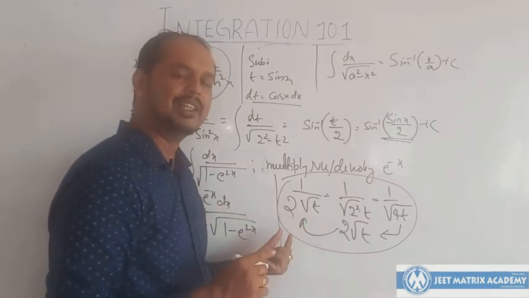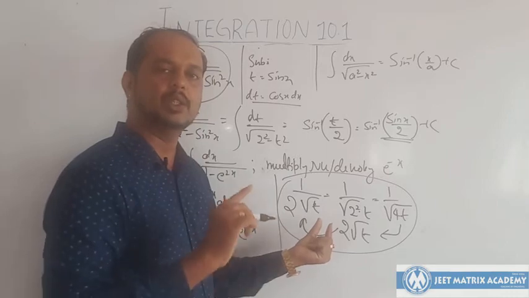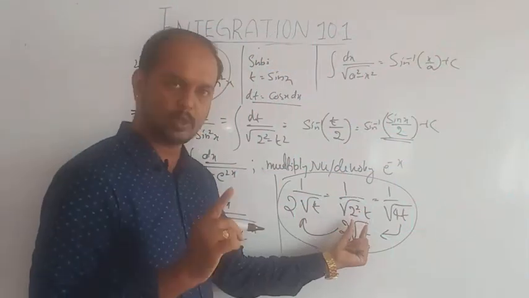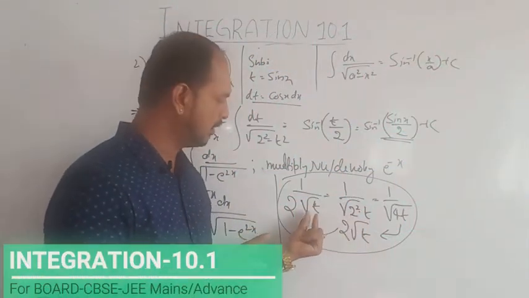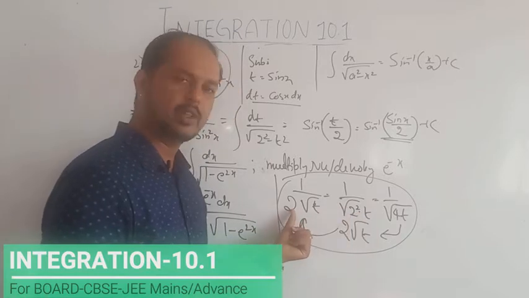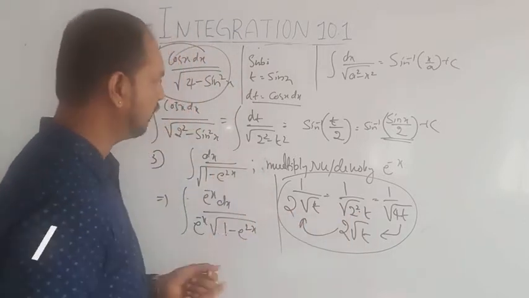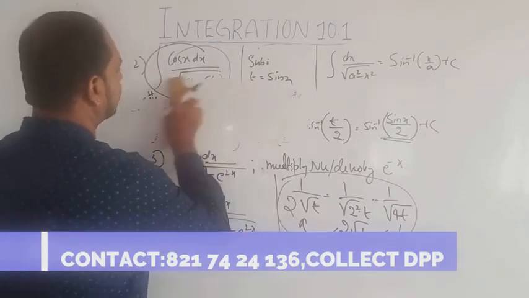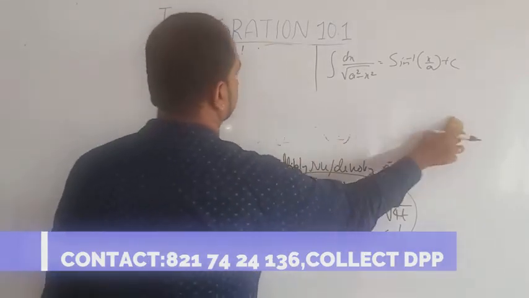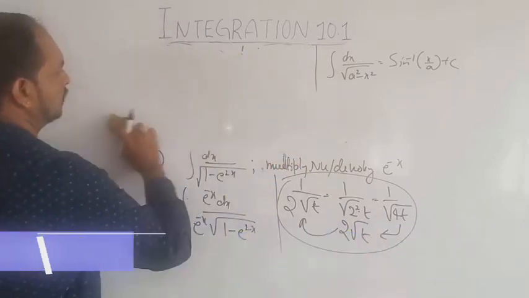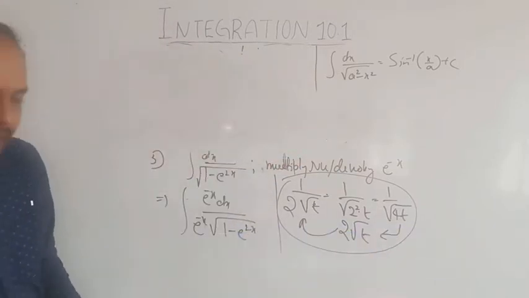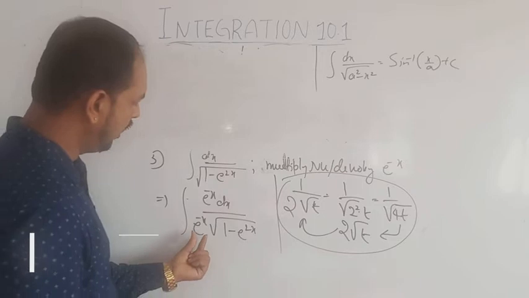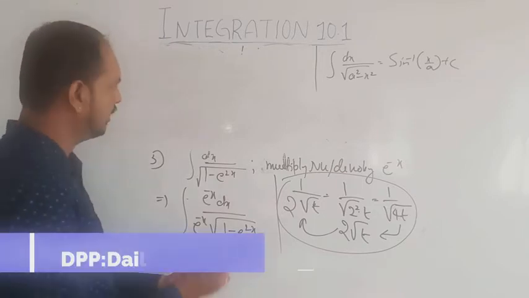If you want to take anything inside the radical sign, you should square it. Okay, then only it is true, because when you take the square root, you will get the original form. Okay, keep it in mind. Now I want to take it inside the radical sign.